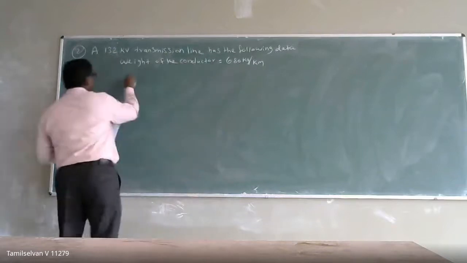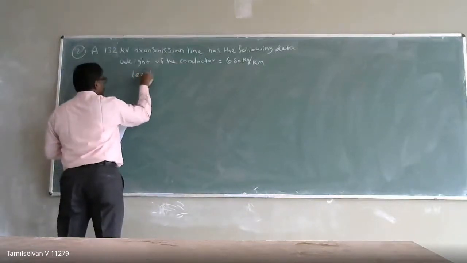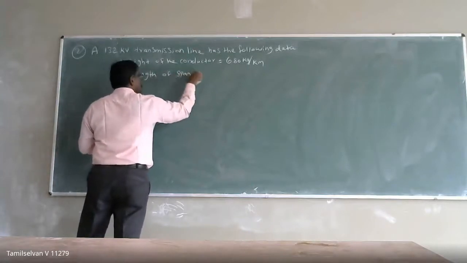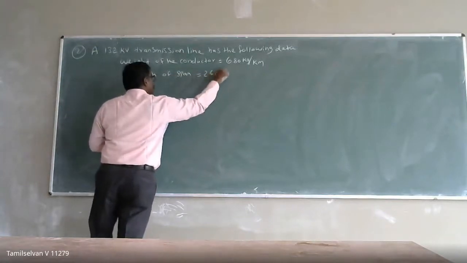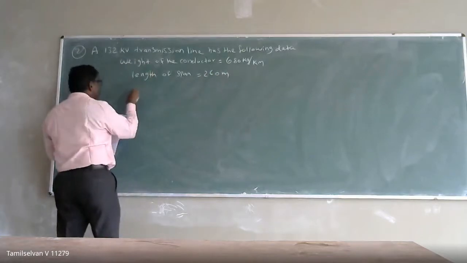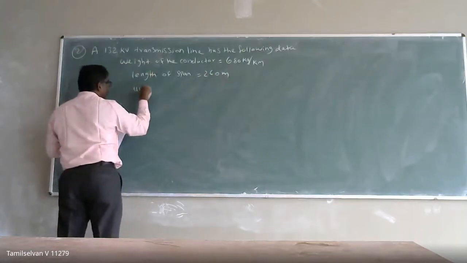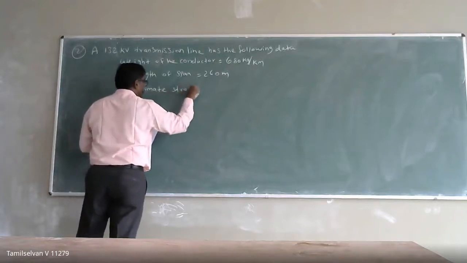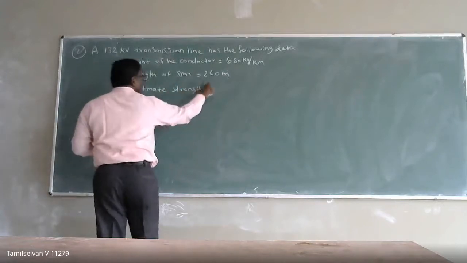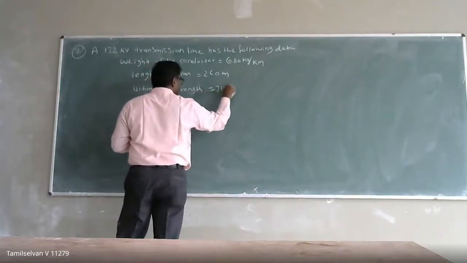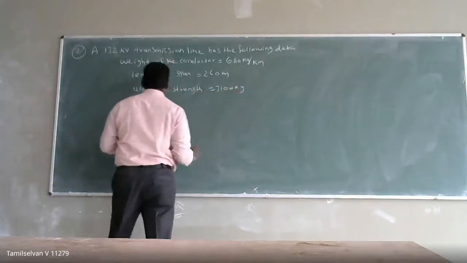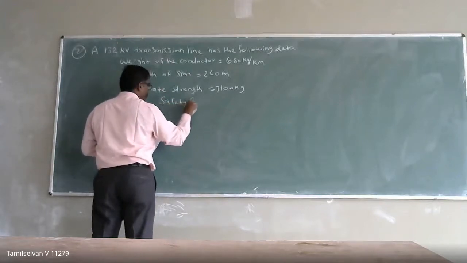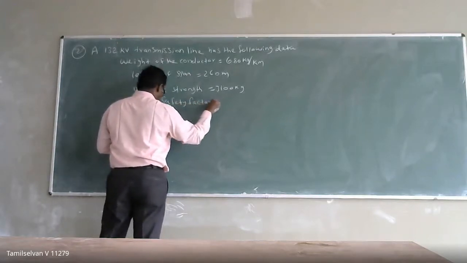Length of span: 260 meters. Ultimate strength: 3100 kg. Safety factor: two.